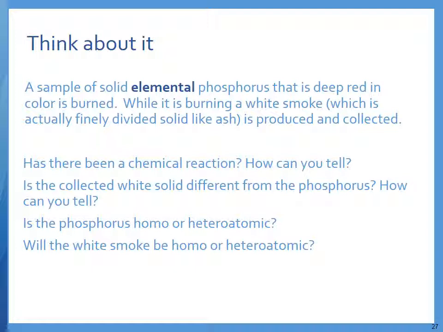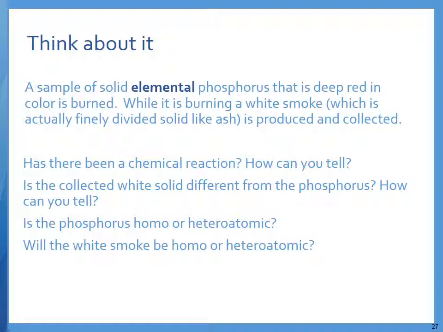Will the white smoke be homo or heteroatomic? Well, sometimes you won't be able to tell, but like I said a minute ago, the original phosphorus was elemental and all by itself, then because it burned and it reacted with something, the white smoke is something different, so it would be a pretty good guess that the new compound would be heteroatomic.